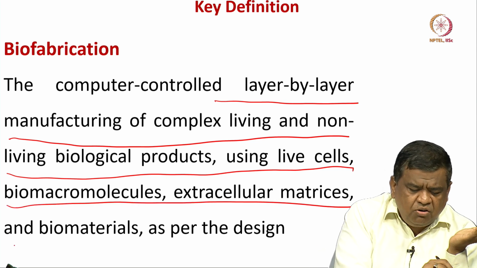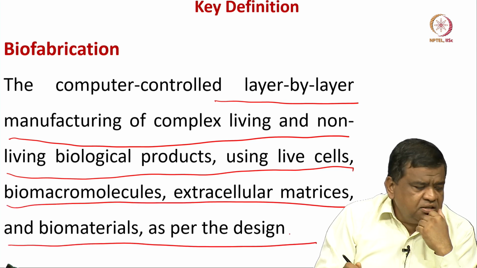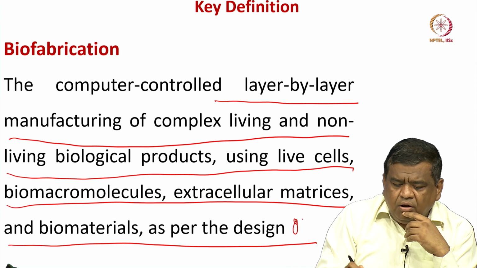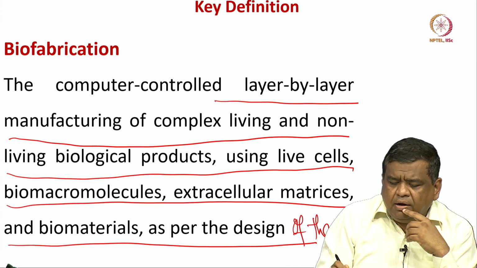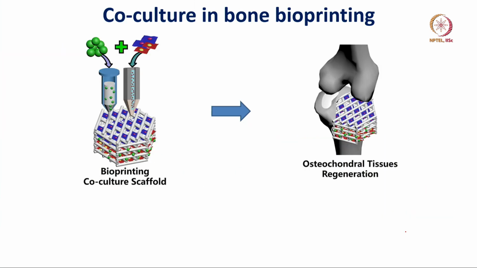Biomacromolecules, extracellular matrices and biomaterials are used as per the design of this particular scaffold. So, this is what biofabrication is, and this is the last slide in this lecture.